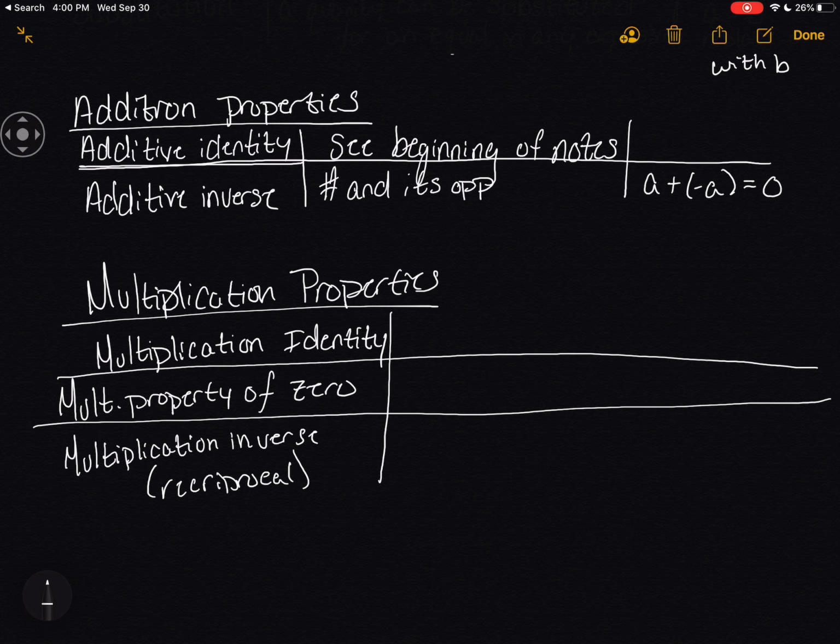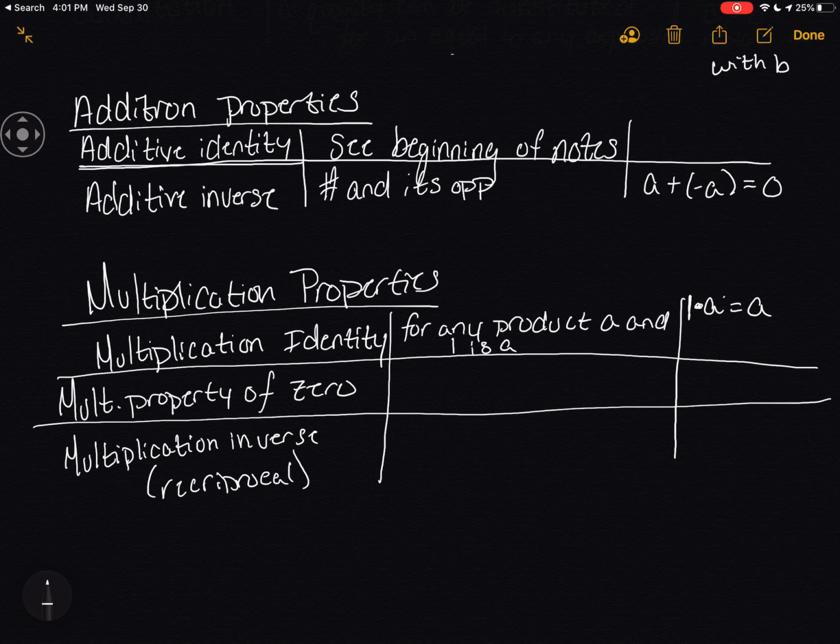So the multiplicative identity is that for any number A, the product of A and 1 is A. So that just means that if I take any number and multiply it by 1, it's going to be that number.